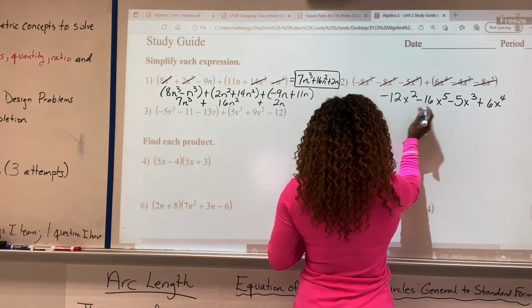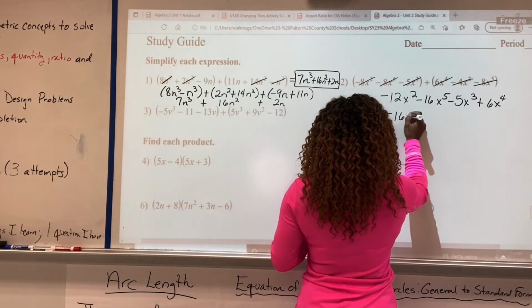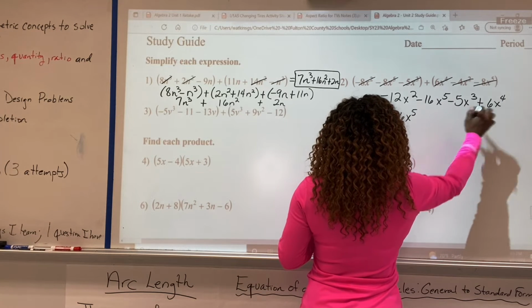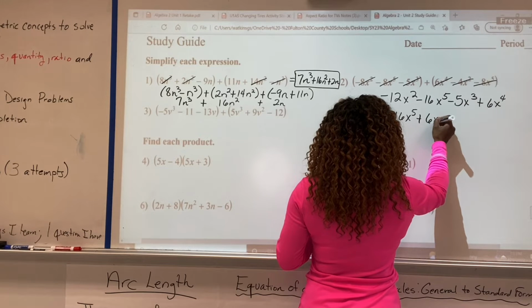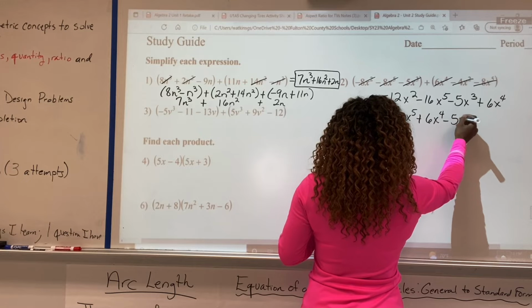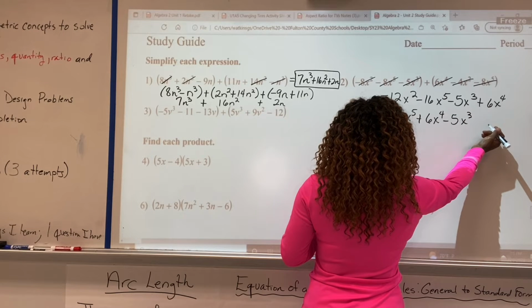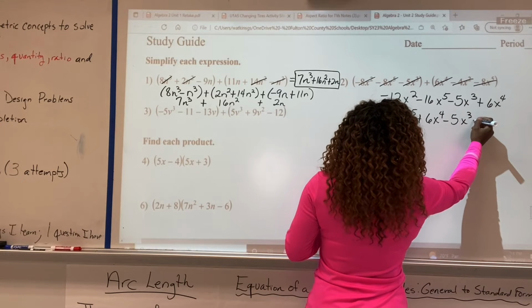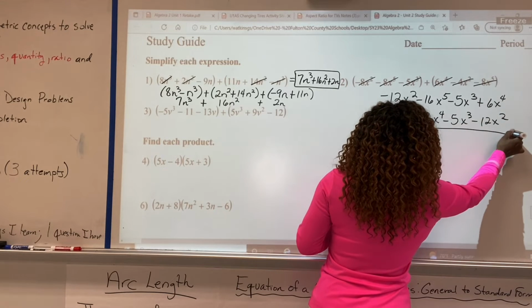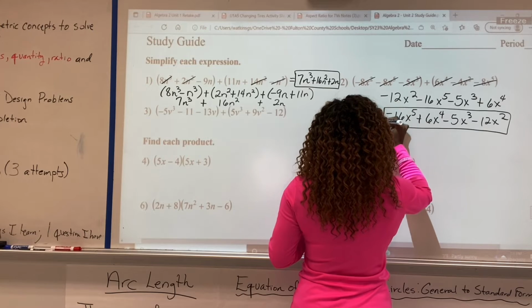So my final answer is going to be negative 16x to the 5th, because that's the largest exponent. Then I'll go ahead and do my plus 6x to the 4th, because that's the next one, minus 5x to the 3rd, or cubed, minus 12x squared. So this is my final answer for number 2.